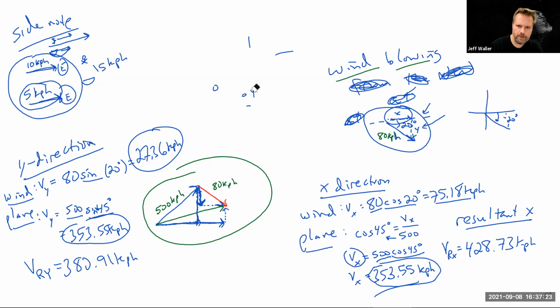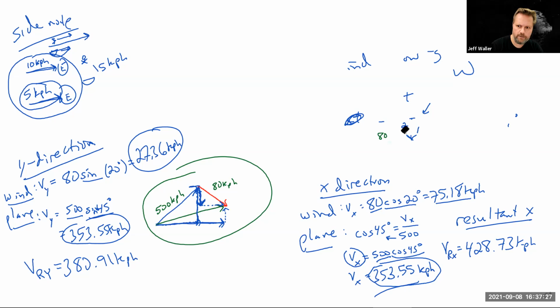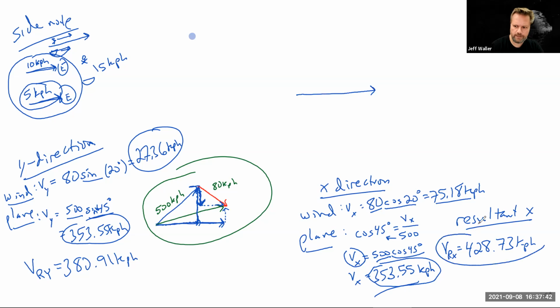So what do I have now? I have figured out that my plane is going to be going, all right, let me draw this. In the x direction, it's going 428.73.